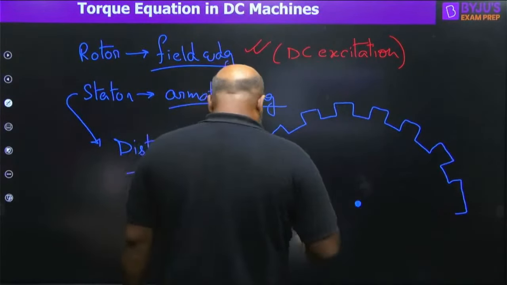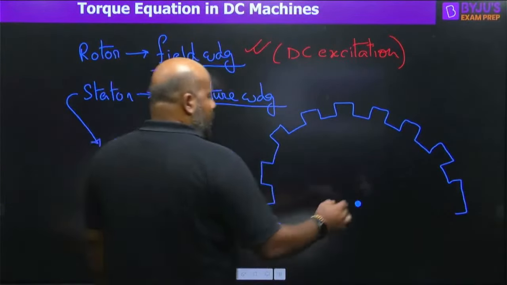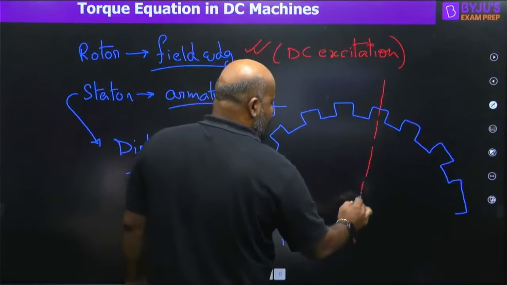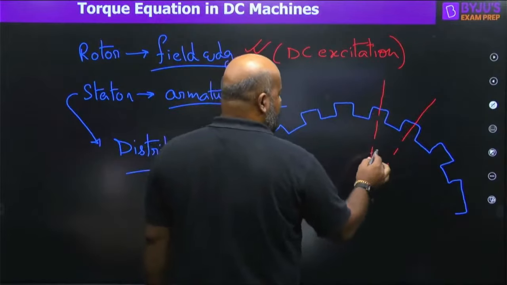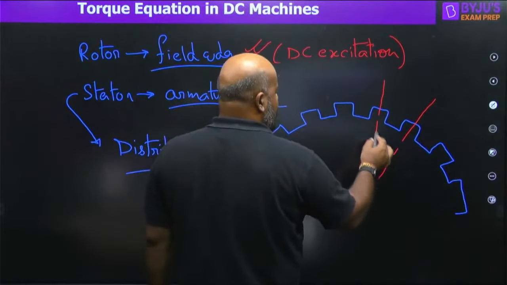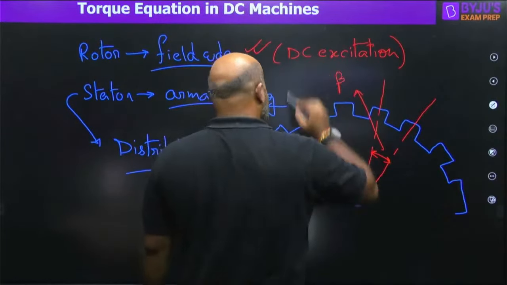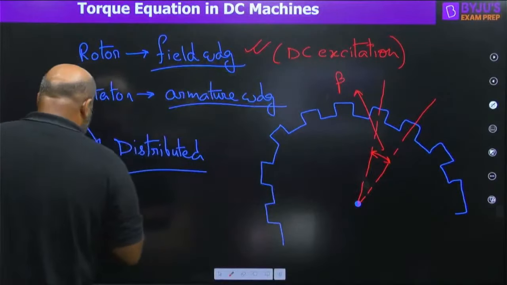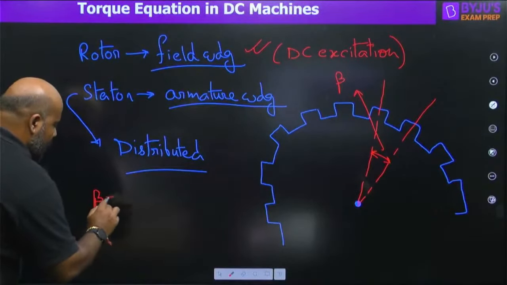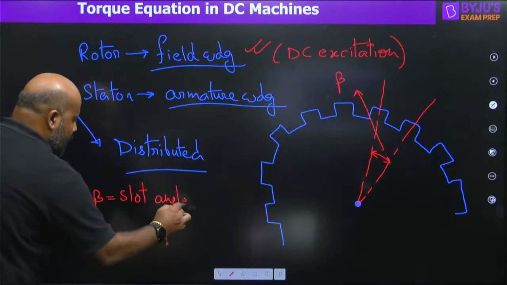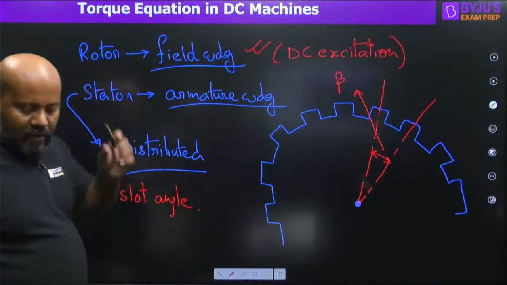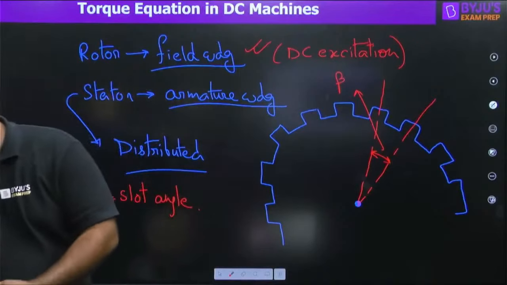Suppose this is the center. So, we are defining the angle subtended by one slot. This is what we are calling as beta. What is this beta? Beta we are defining as the slot angle.